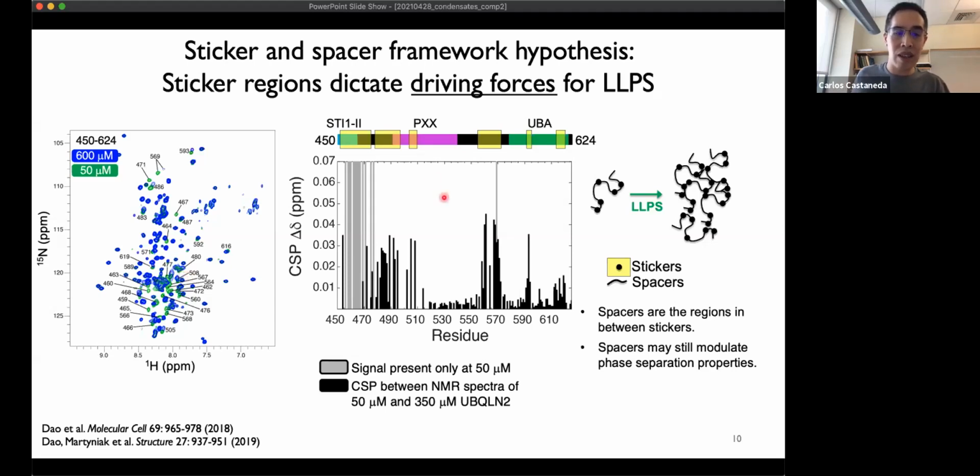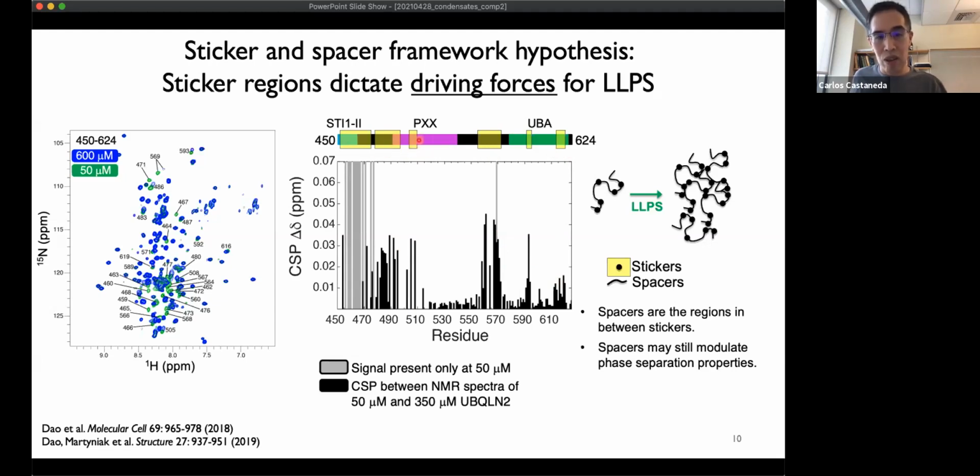And so what we've done here on the right-hand side is we essentially quantify these shifts onto this chemical shift perturbation diagram shown here. And you can see these gray bars indicate those residues that disappear as we go from 50 to 600 micromolar. But you can also see that there are hotspots of residues that are impacted.